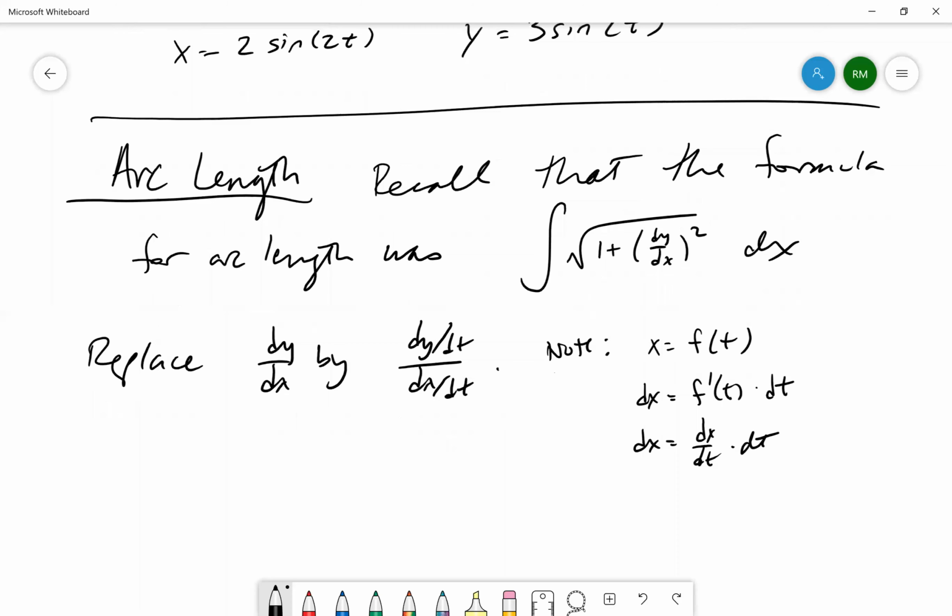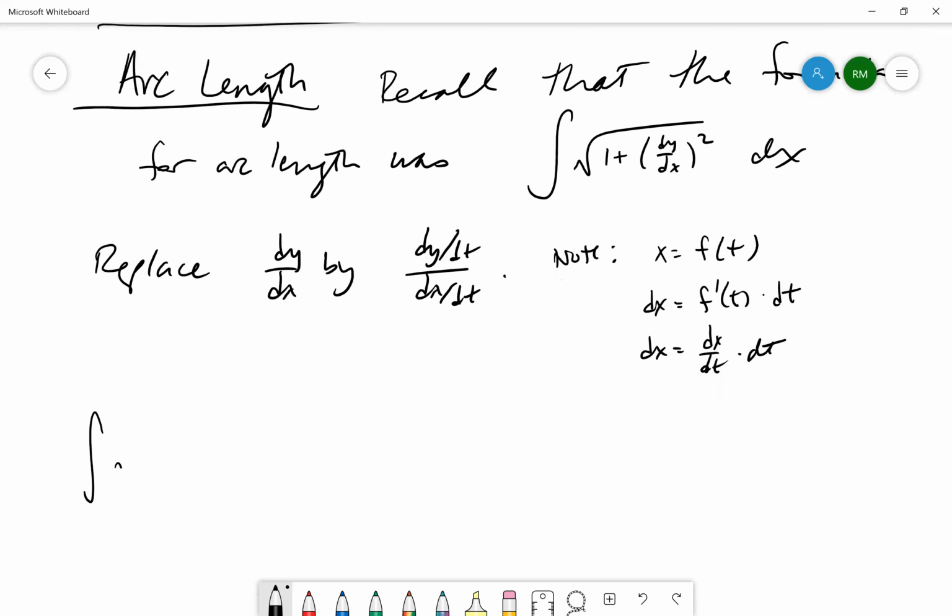So anyway, all that tells you that this integral from before we can simplify.